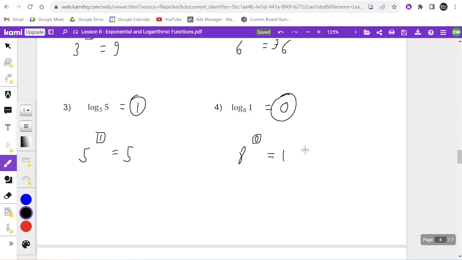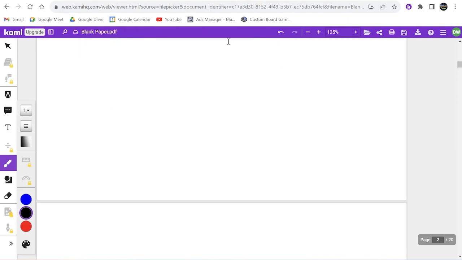Okay, we've got a few more to do on the back, but before we get to the back, I just want to explain one more thing. And this is kind of like a fun fact. There's 2 logarithms that are very special. One is the common log, which is just, let's say, log of some number. Let's just say 8. And notice the base is missing. Whenever the base is missing, you assume it's 10. You assume the base is 10 by default.